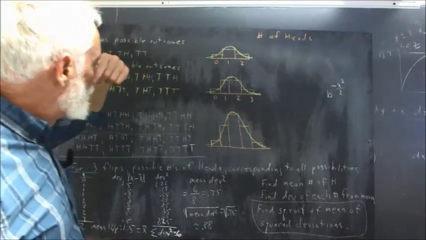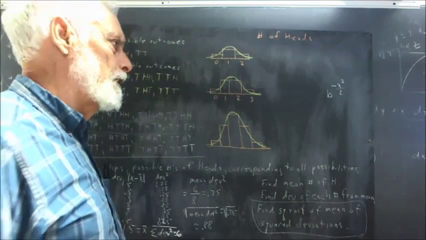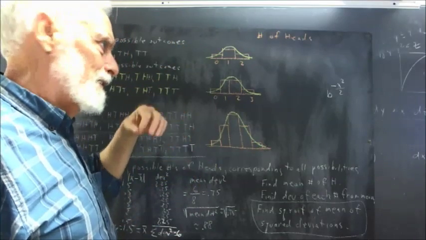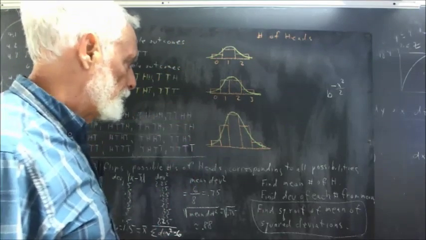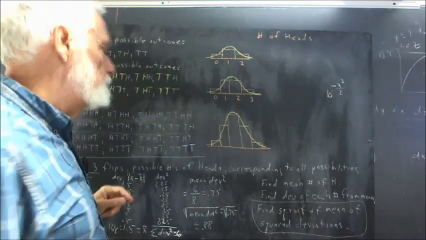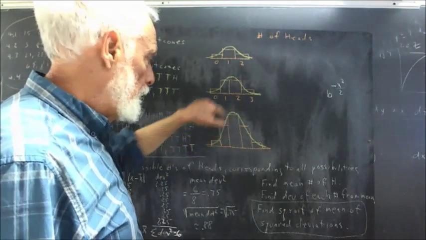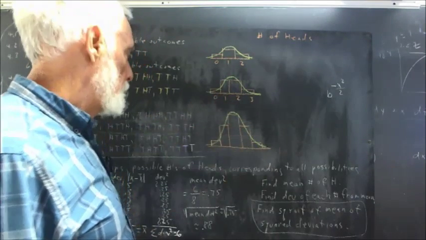If you go up to 1,000 flips, there is an easy way to approximate the number of possible outcomes. You could actually get that graph, and what you would have then would be a pretty good normal curve.